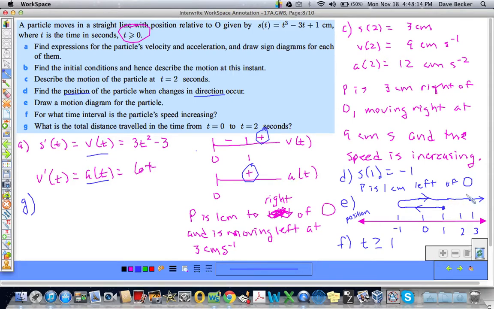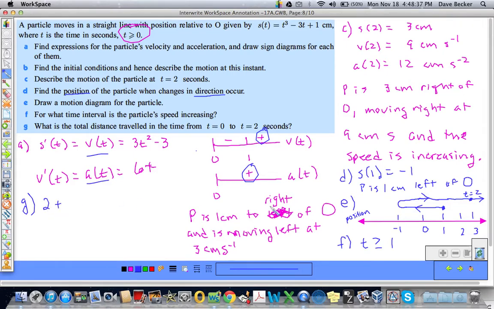Well, this is t equals 2 right here. This represents position, and then this diagram here is position relative to time. So at t equals 2, it traveled 3 centimeters. So what is the total distance it traveled? Well, it started at 1 and traveled to the left 2 centimeters. So that would be 2.